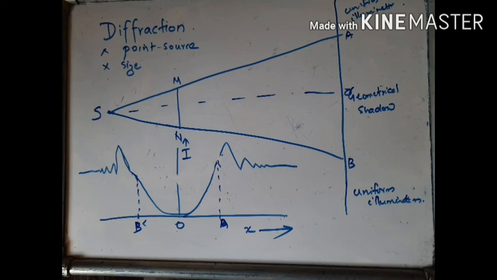The intensity of the maxima goes on decreasing as the distance increases, and the intensity of the minima increases as the distance increases, and these patterns become indistinguishable as the distance increases so much. That is, if the distance is very large from the center of the screen, then we get almost uniform intensity on the screen.